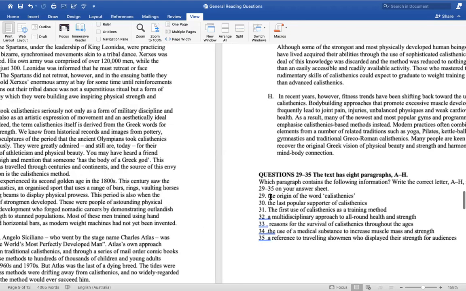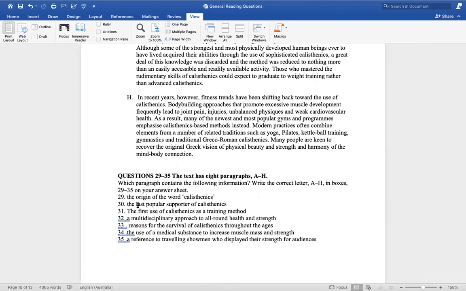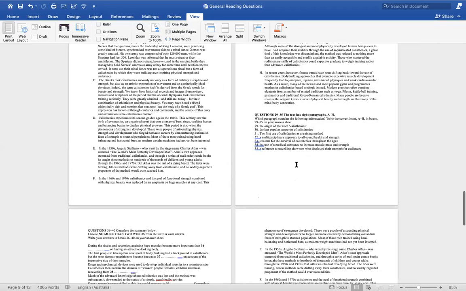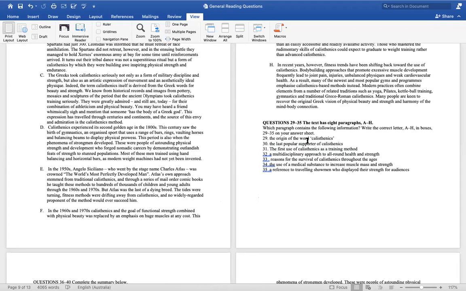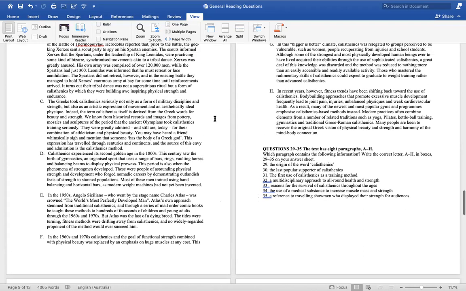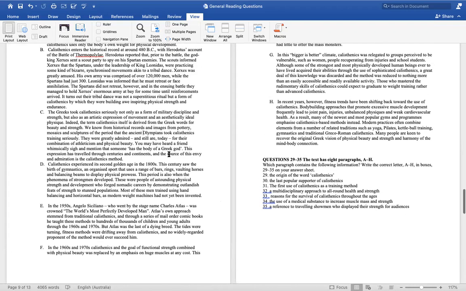So if you see question number 29, what do you think is our keyword there? The origin could be the beginning of the word. Word could be term, calisthenics. So the origin or the beginning or the coining of the term, this is where it is found. So you go scan for information now.